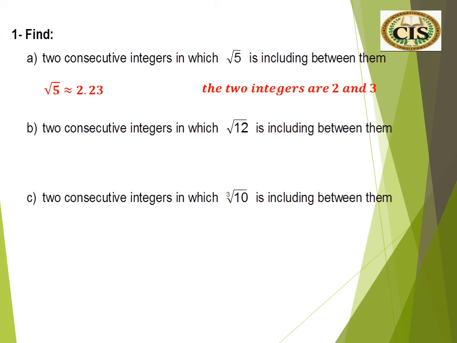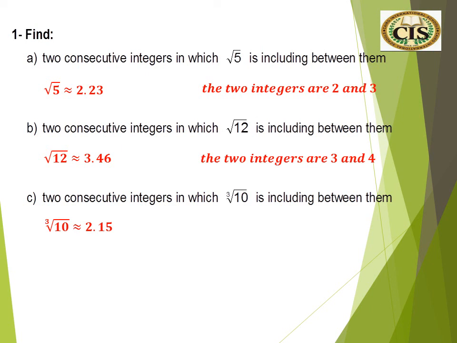So we can write the two integers, 2 and 3. Root 12, using a calculator, is approximately 3.46. We take 3 and the integer greater than 3, which is 4. So root 12 lies between 3 and 4.